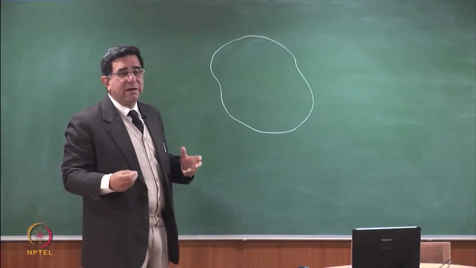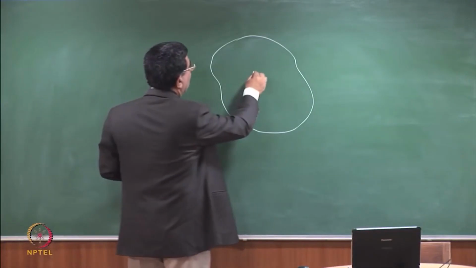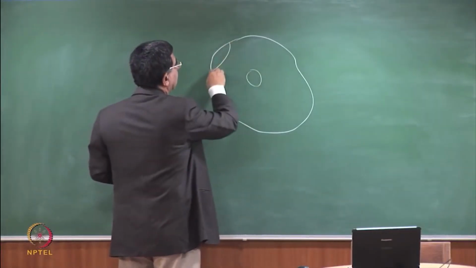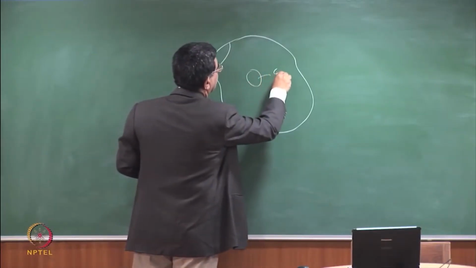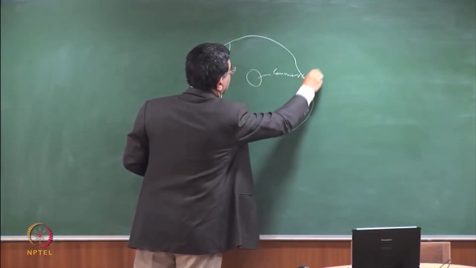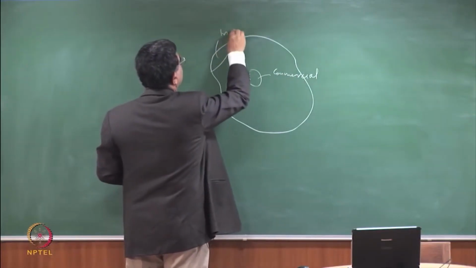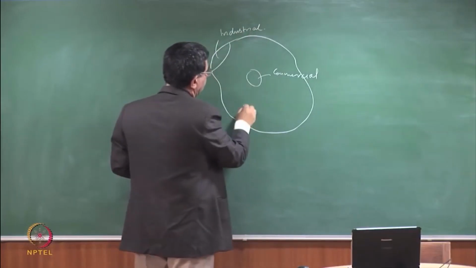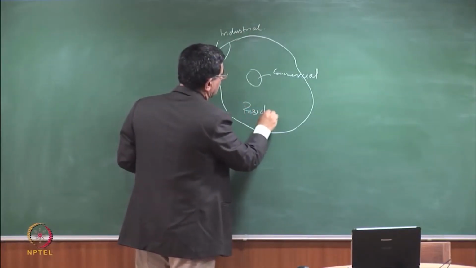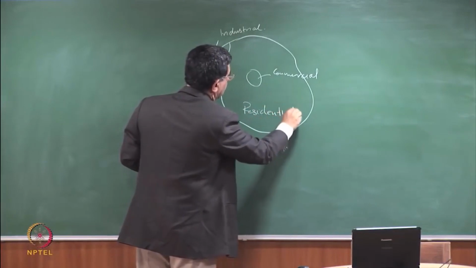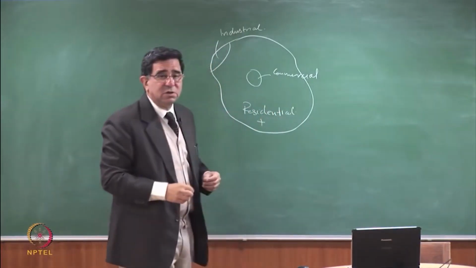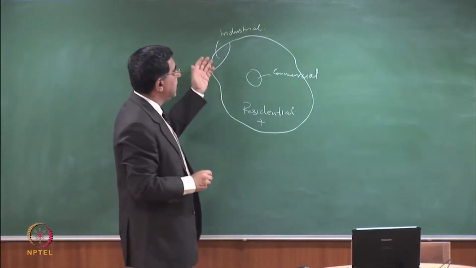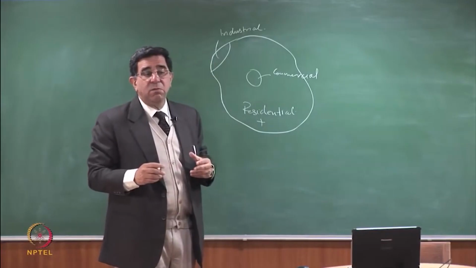But let's take Delhi, the center may be Connaught Place, and at one end there might be an industrial area. So this is commercial area, industrial area, and this is a mix of residential plus various other commercial and institutional areas. I'm just trying to show you this example that industrial waste will normally not be what we call municipal solid waste.